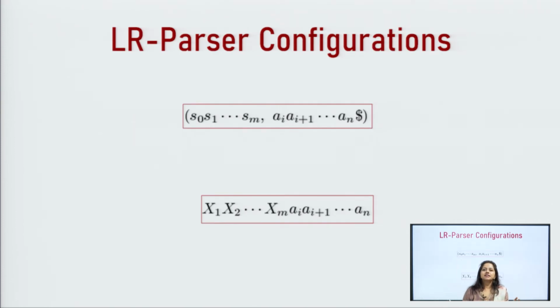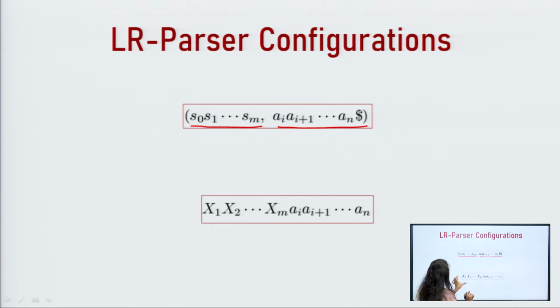Now, the LR parser will have a configuration like this: the stack contents from bottom to top, S0, S1 up to SM, and this is the remaining input string that is to be parsed. Suppose this is AI plus 1 up to AN followed by dollar.